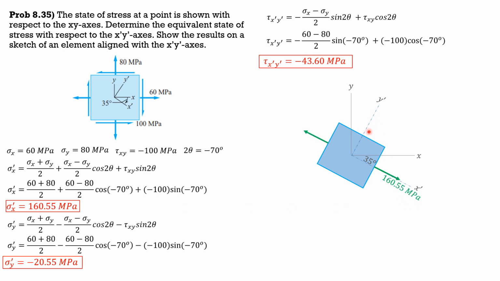Y prime compression, so 20.55 megapascals. Then this is negative, so it's going down here, left, up, then right, down to right as shown, with magnitude of 43.6 megapascals. So that's it for this problem.